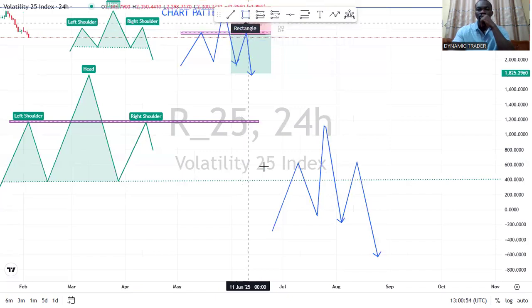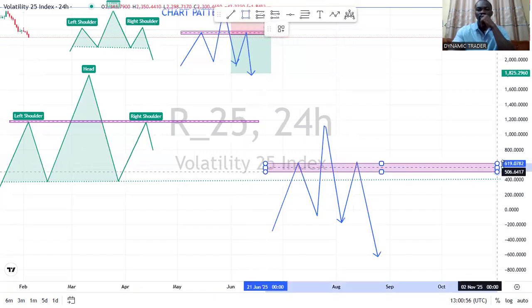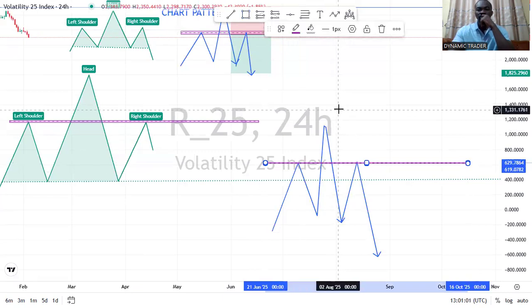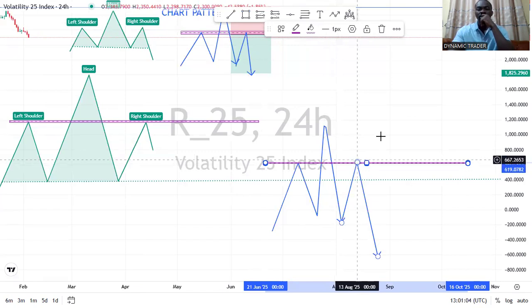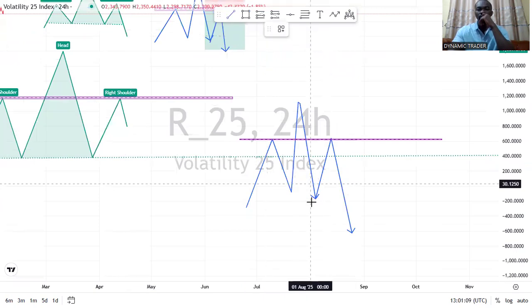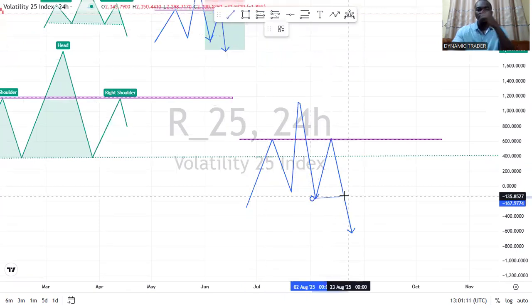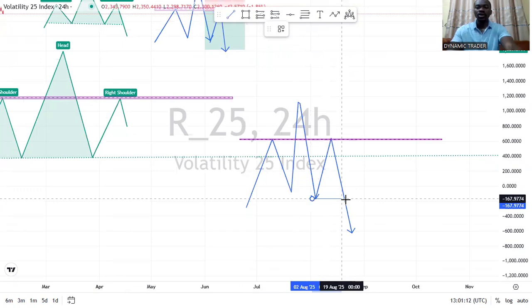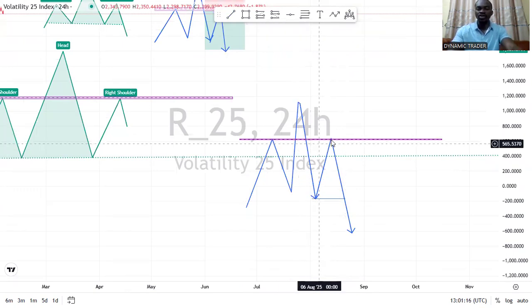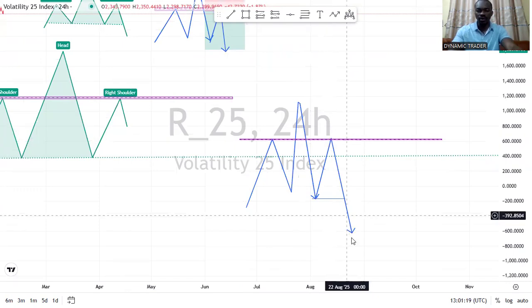So this is clearly the left shoulder, the head, the right shoulder. Now, I would want to see that the market has broken the swing low it created before moving to form this right shoulder. The market has broken it.